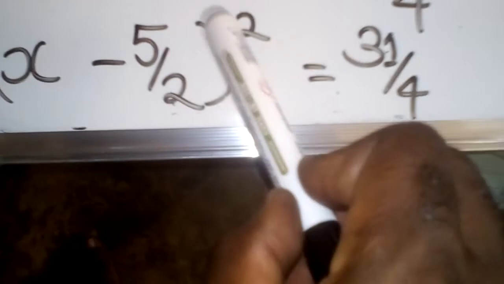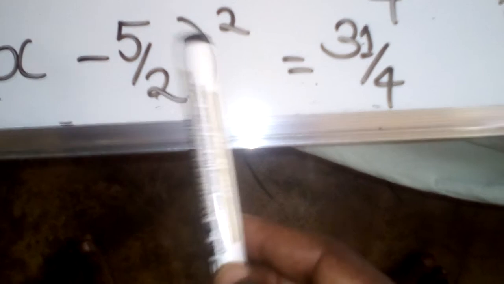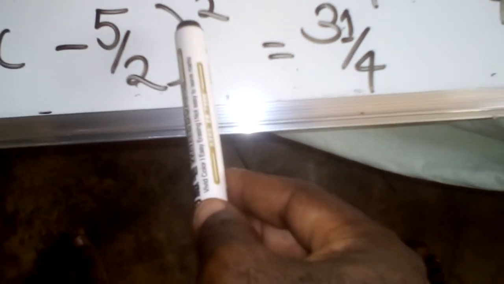So in this instance we have actually provided a perfect square, and then we forego the 25 over 4, and we bring back the 31 over 4, which is on the other side of the equation.